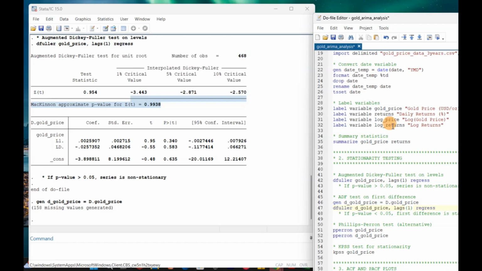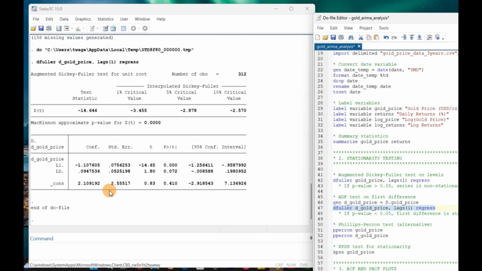And then we can proceed by generating. Use this one. Can we proceed with the first stationarity test? The first difference. We need to select and then run again. No, it's not the same.